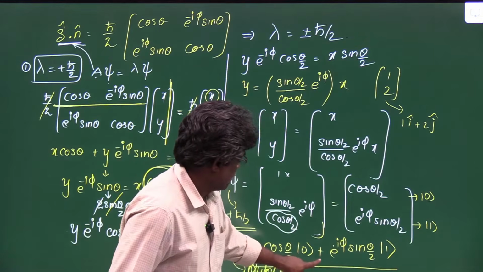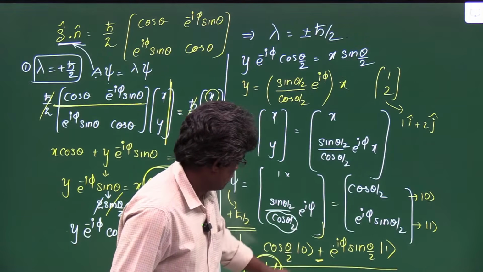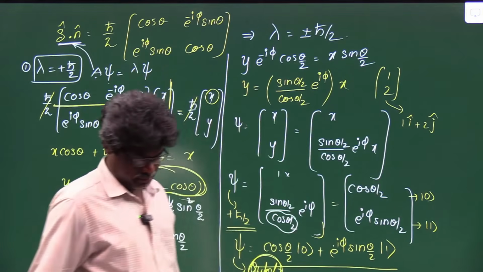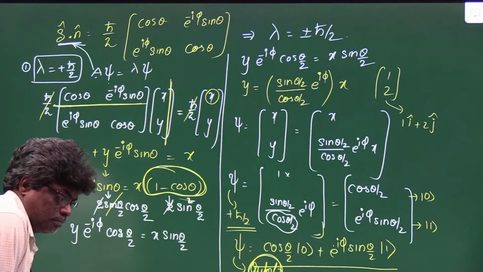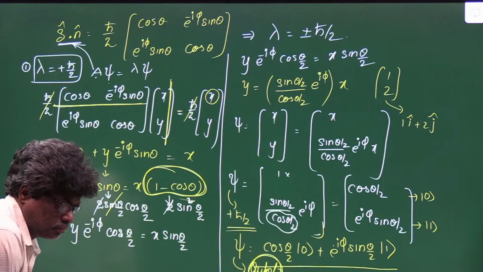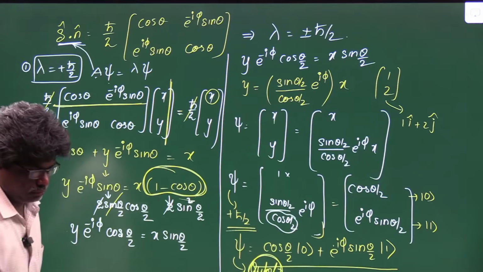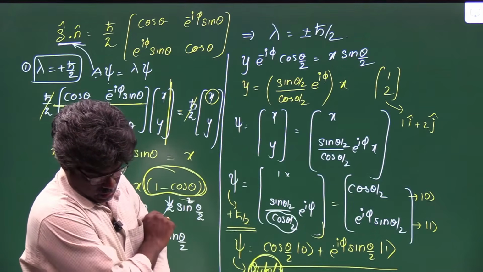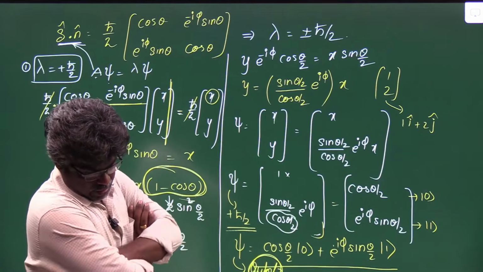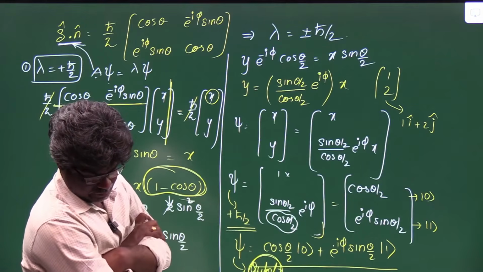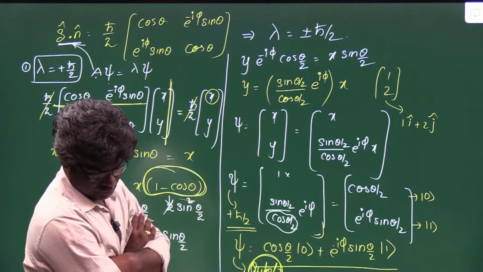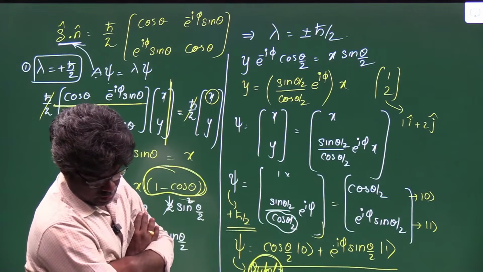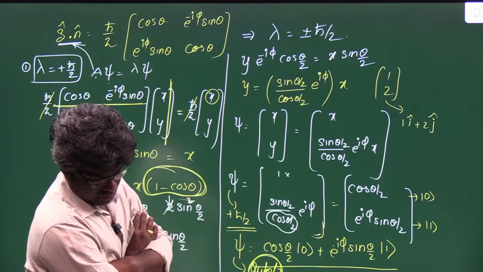Minus here, minus. Here minus, e raised to I5 as it is, here minus e raised to I5. I think you will get e raised to minus I5. Y sin theta, e raised to minus I5.